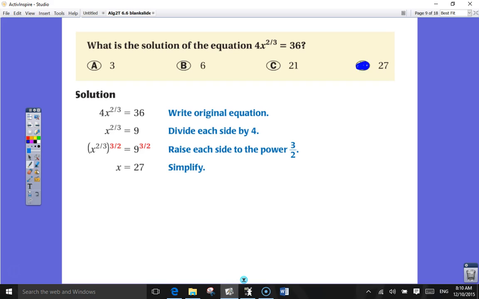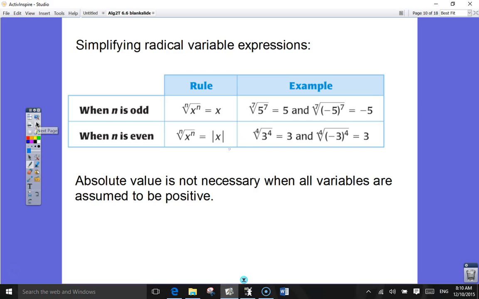That would definitely be 27. But usually when you raise both sides to a power that has an even denominator, you have to use absolute value symbols. You're going to be missing an answer unless you put in absolute value symbols. And again, that's because of that property right there.